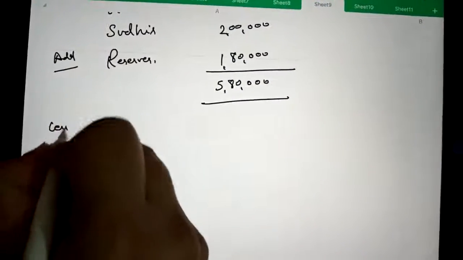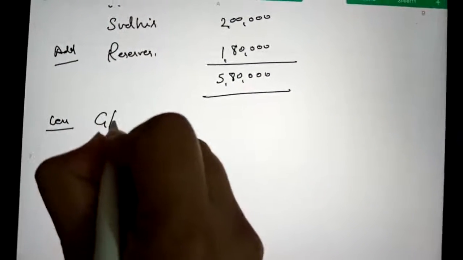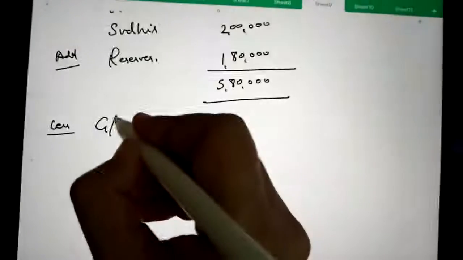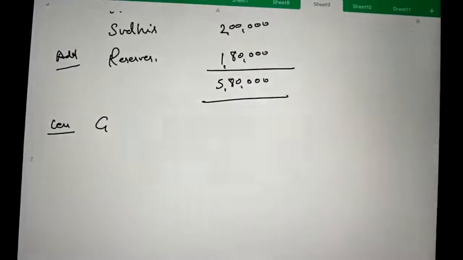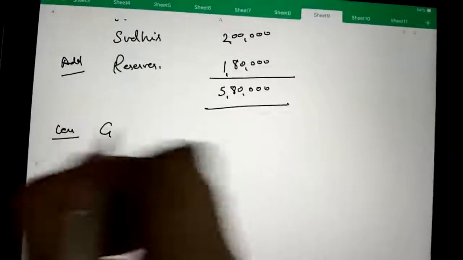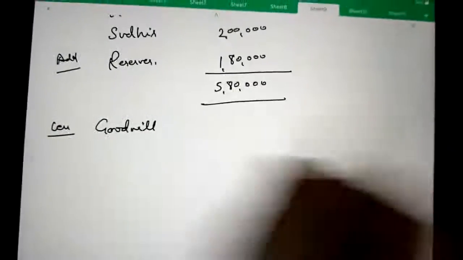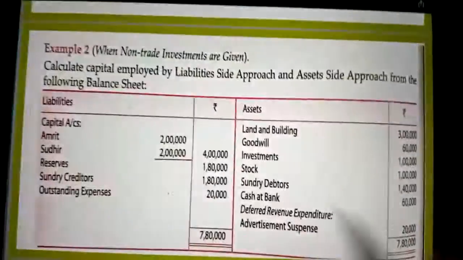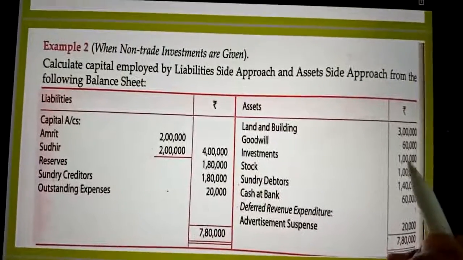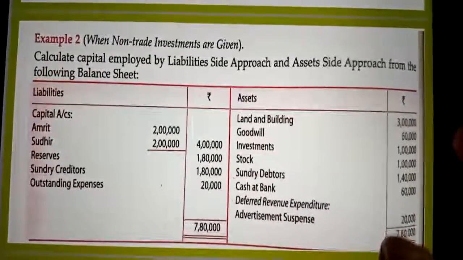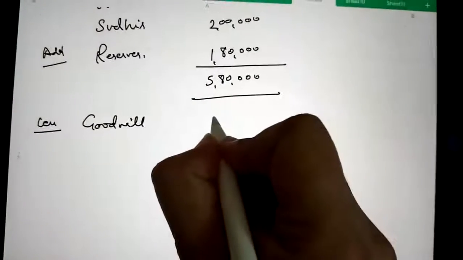goodwill. Because goodwill is an intangible asset, it should not be considered while calculating capital employed. Goodwill is given to us in the question 60,000 and investments are 1 lakh.